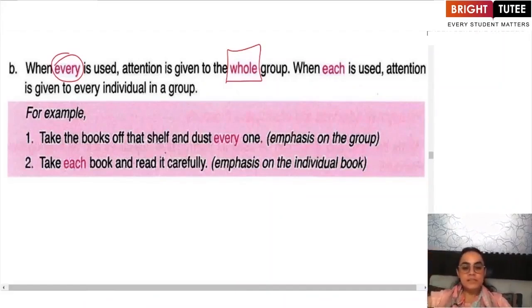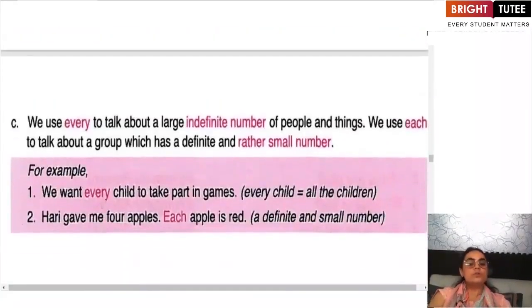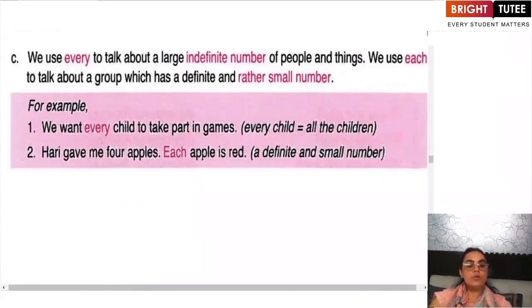So, emphasis is on the entire thing. So, that is when we use whole or every. We also use every when we are talking about the indefinite number of something. Okay? For example, every child is special.